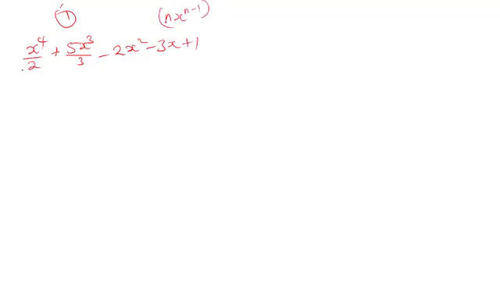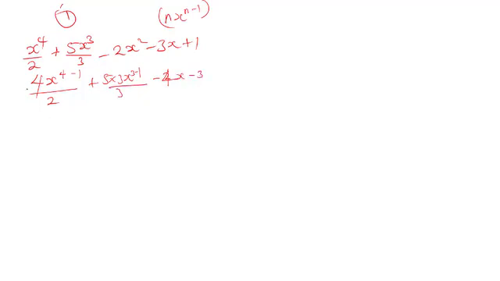Now let's go. Our n value here is 4. So we bring it to the front because it's the value of n. We have 4, we have our x, then you have n minus 1, so 4 minus 1, over 2, plus 5 times 3, x raised to power 3 minus 1, over 3, minus 4x, minus 3.